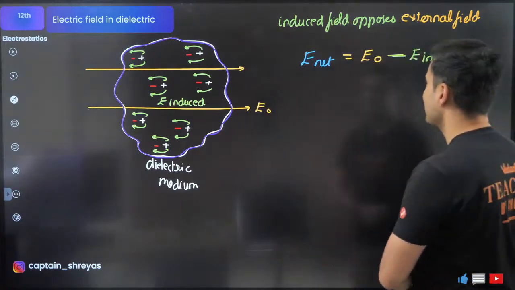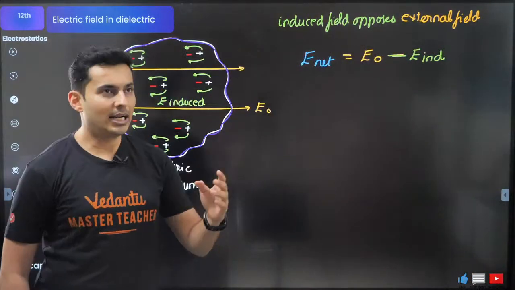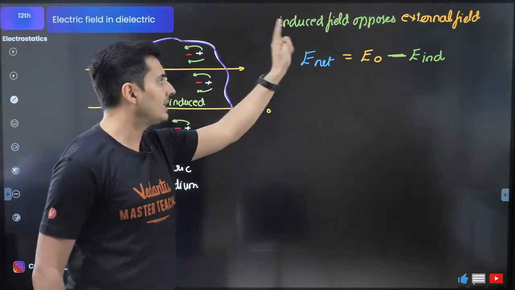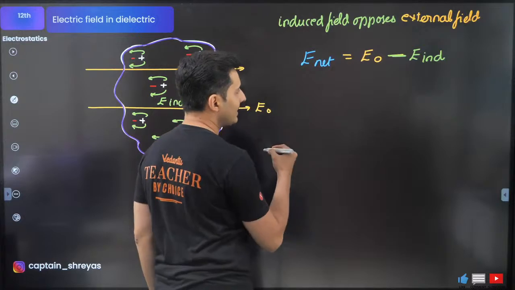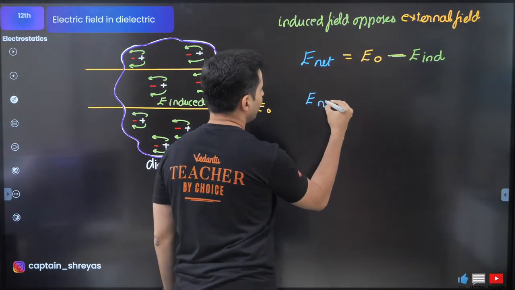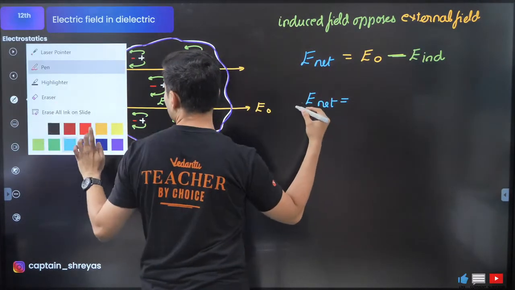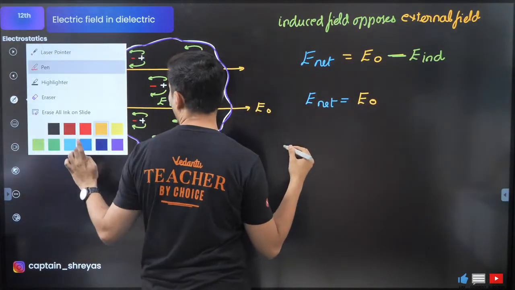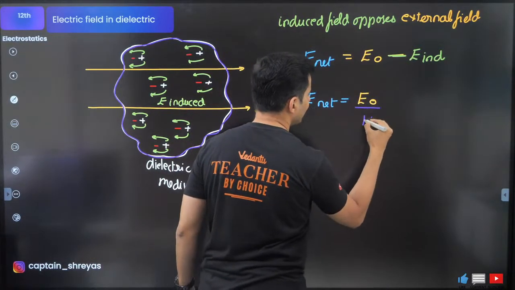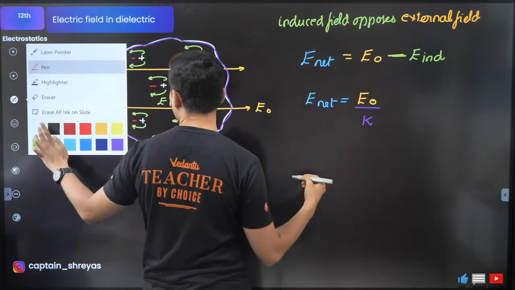Now, what happens next is very important: this net electric field is always going to be less than the external field. This net electric field is less than the external electric field by a factor of K. This is very, very crucial, guys.